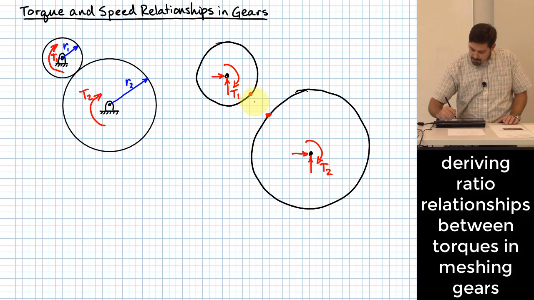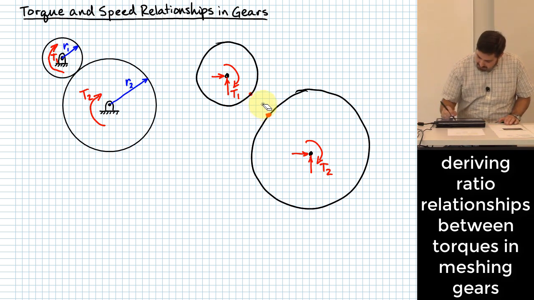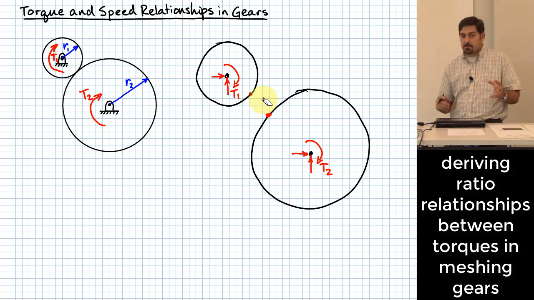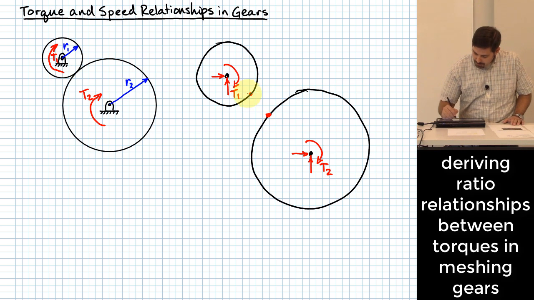But I'll just mention that unless we decide to ignore it, there would be forces that would push these two things apart from each other, okay? But we are going to ignore that and instead look at only the effect that does the transmission of torque, right? And that would be what direction for the upper gear?